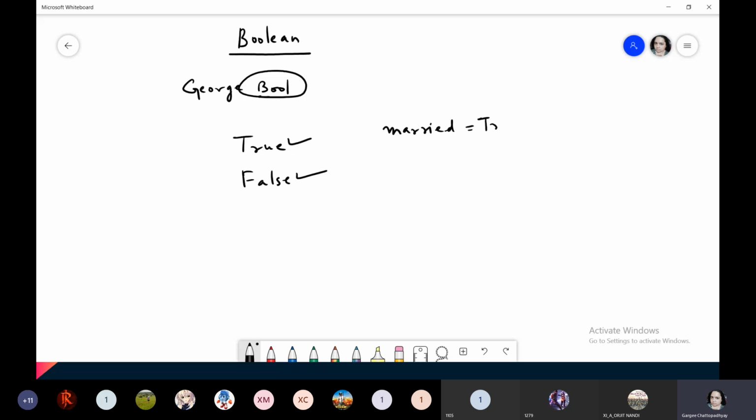So if the person is married, you want to specify true, and if the person is unmarried, you want to specify it as false. Understood? So Boolean values, there are only two values, true and false. Okay, you can assign this value to any variable which has to represent something like yes, no, true, false, 0, 1, and so on. Okay, status.